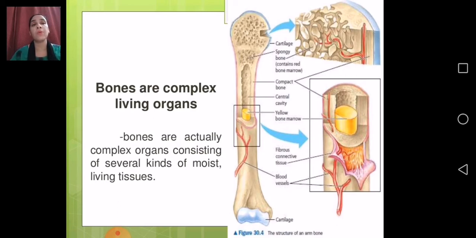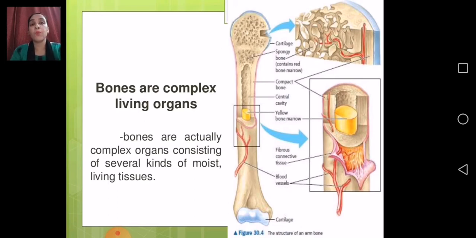Then we talk about ligaments, which are present in different parts. Then cartilage and ligaments work like a cushion.